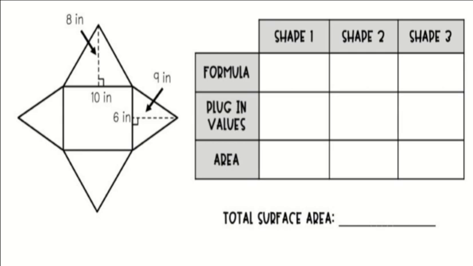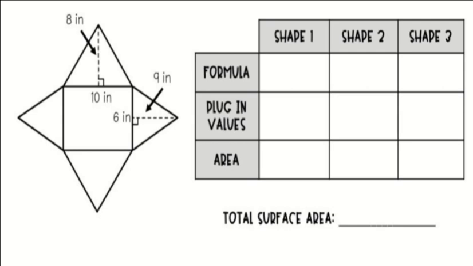So if the most common shape you see is triangle, that's some sort of pyramid. Then we know it's a rectangular pyramid because the base is a rectangle. If the base was a square, it'd be a square pyramid. If the base was a triangle, it'd be a triangular pyramid. If the base was an octagon, it'd be an octagonal pyramid. We don't have to do those, but you get the idea, right?